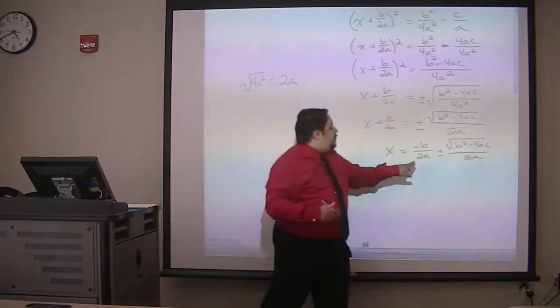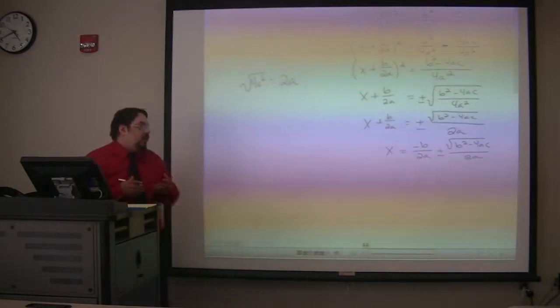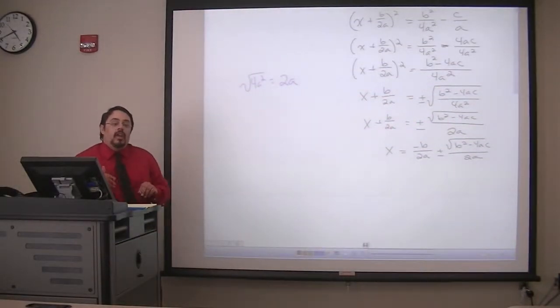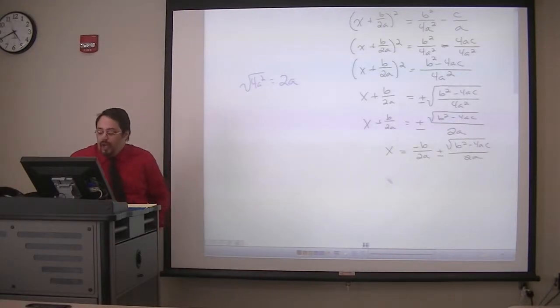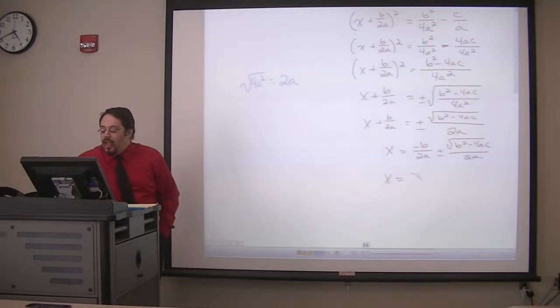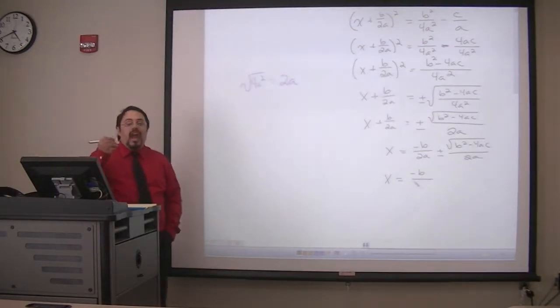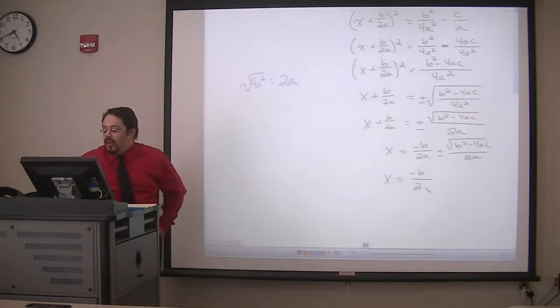We just need to simplify this right-hand side over here. And since we're adding and subtracting fractions, we still need common denominators, which we do have. We have common denominators of 2a. And just because we have a plus or minus sign in there doesn't change the fact that we still add and subtract the numerators.